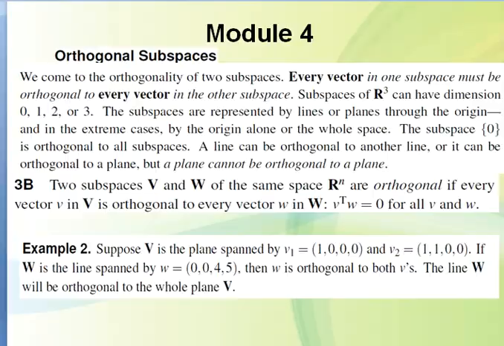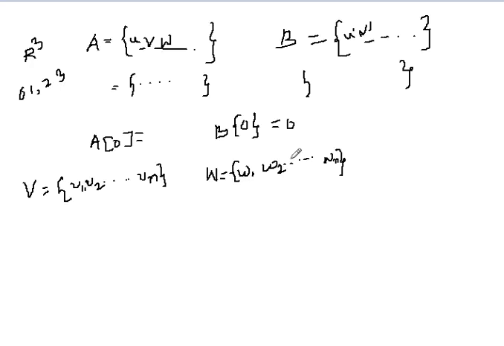they are orthogonal if every vector v in V is orthogonal to every vector w in W. This means that V1 is orthogonal to all of these w1, w2, wn, and V1 transpose w is done, or it can be w transpose V1. So this is equal to 0. Similarly, V2 transpose w is equal to 0.